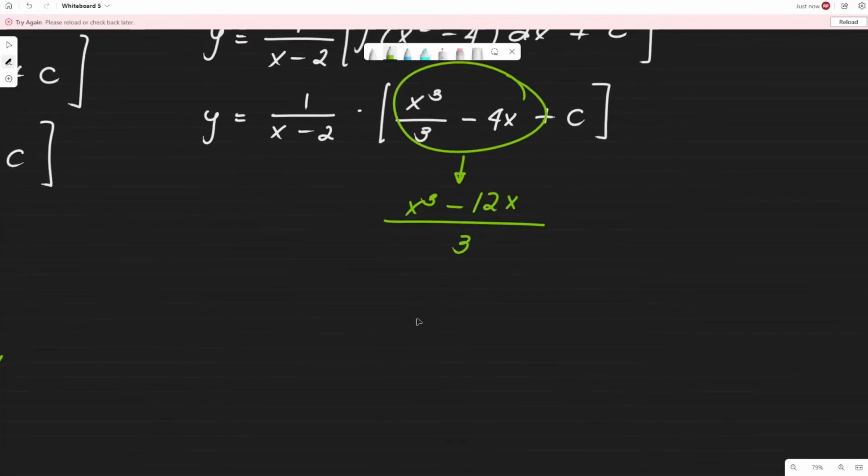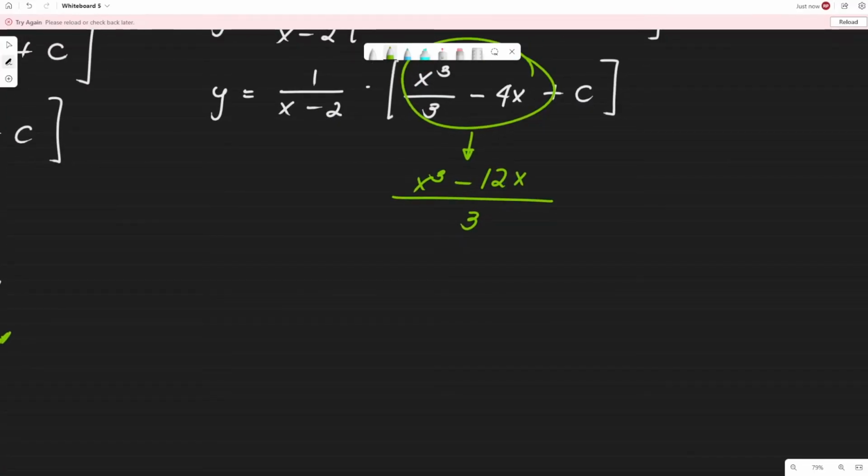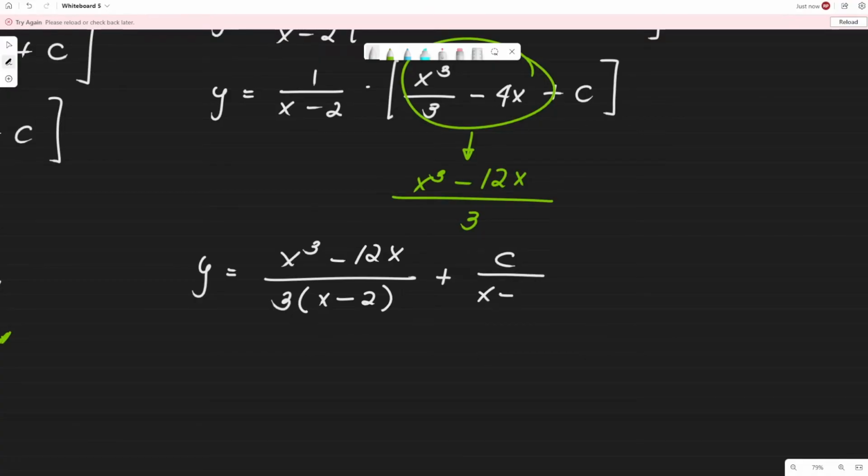Para at least pag dinistribute natin, nakamultiply na lang to. So we'll have y is equal to x cubed minus 12x over 3 times x minus 2. Then plus c over x minus 2.